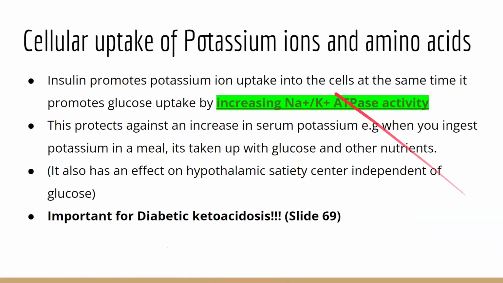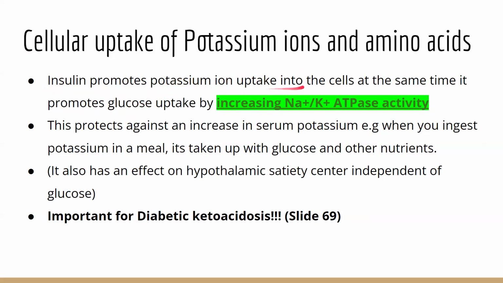So this is very important. Very important. Like one of the most high yield things from both lectures together is the cellular uptake of potassium ions and amino acids and how insulin is relevant to it. So insulin promotes potassium ion uptake into the cells at the same time it promotes glucose uptake. Okay, so potassium and glucose together, try to associate them together.